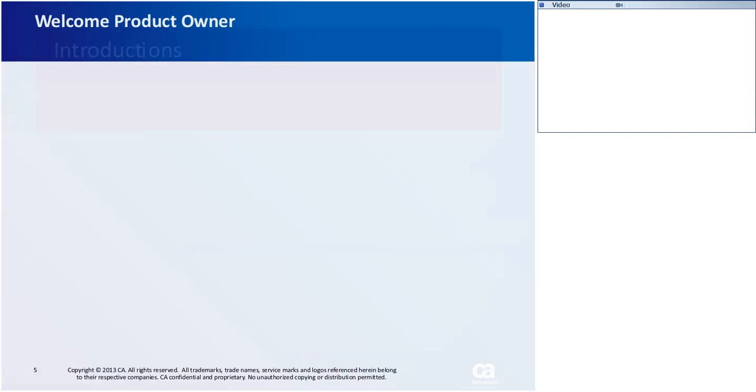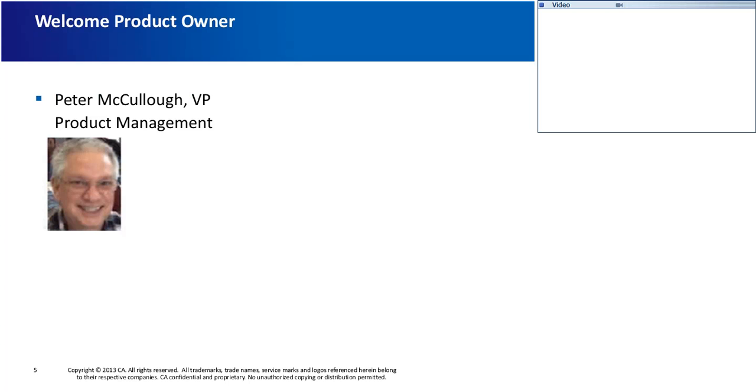All right, introductions. As Neil mentioned, I would like you all to give a warm welcome to our product owner, Pete McCullough, who is with Product Management. Pete and I will be working together to assist in developing and implementing the product strategy for Harvest as well as Endeavor, so all of software change management from an enterprise perspective.